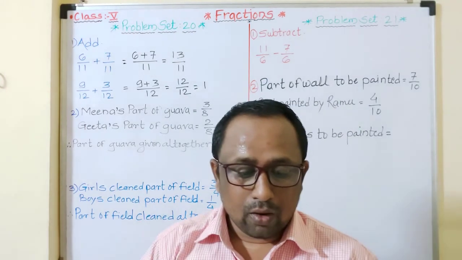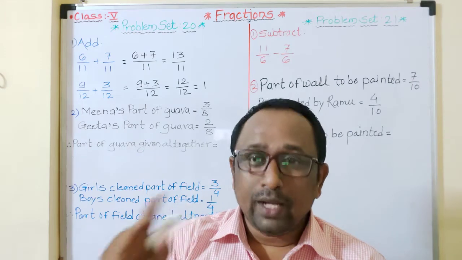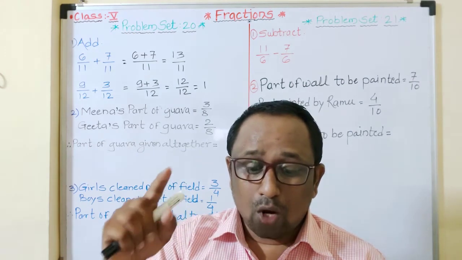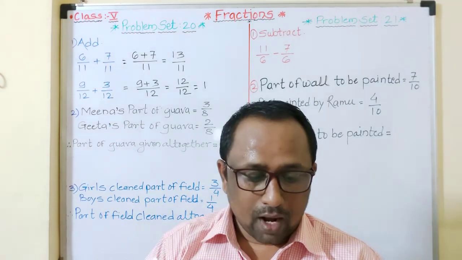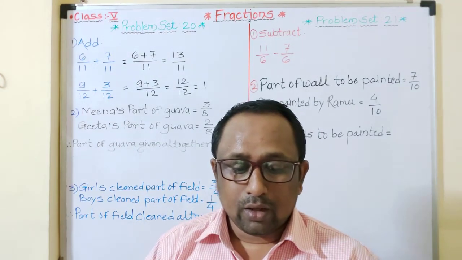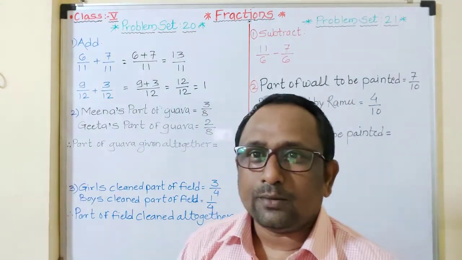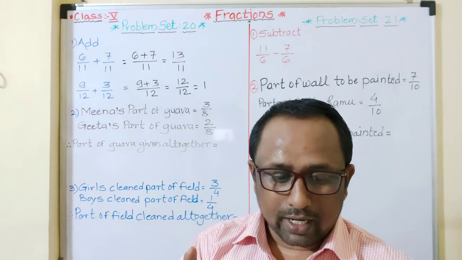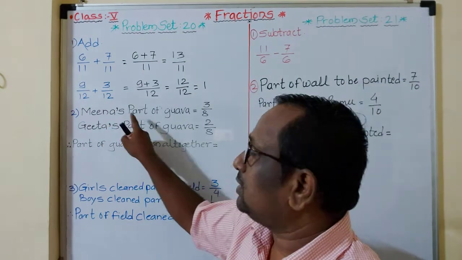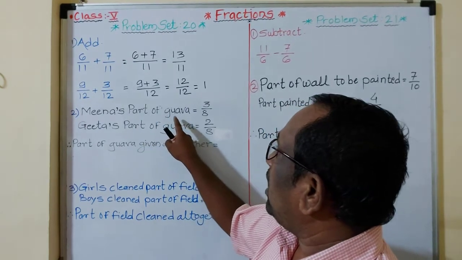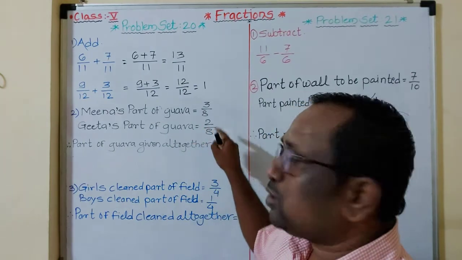Now what part of the guava did she give them all together? As I told you students, you have to always write the given things from the word problem. Now see, Meena's part of guava is equal to 3 upon 8. Geeta's part of guava is 2 upon 8.